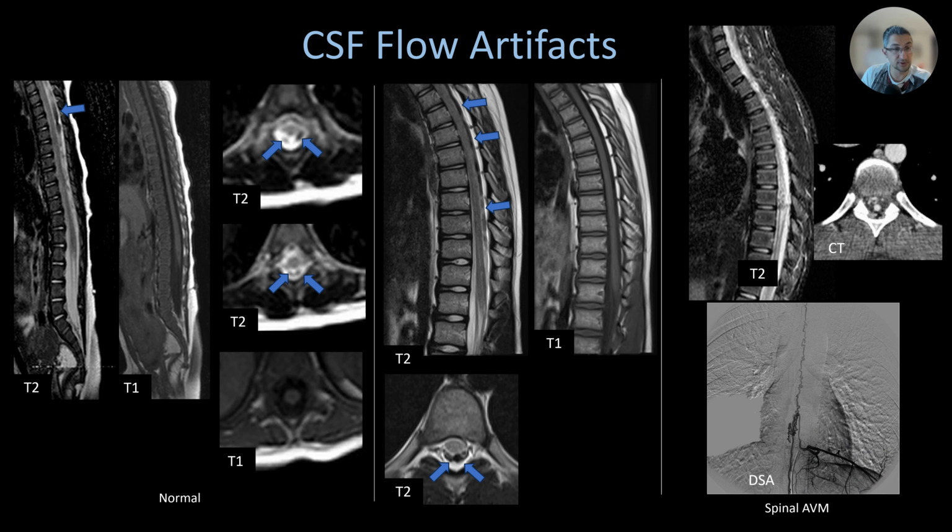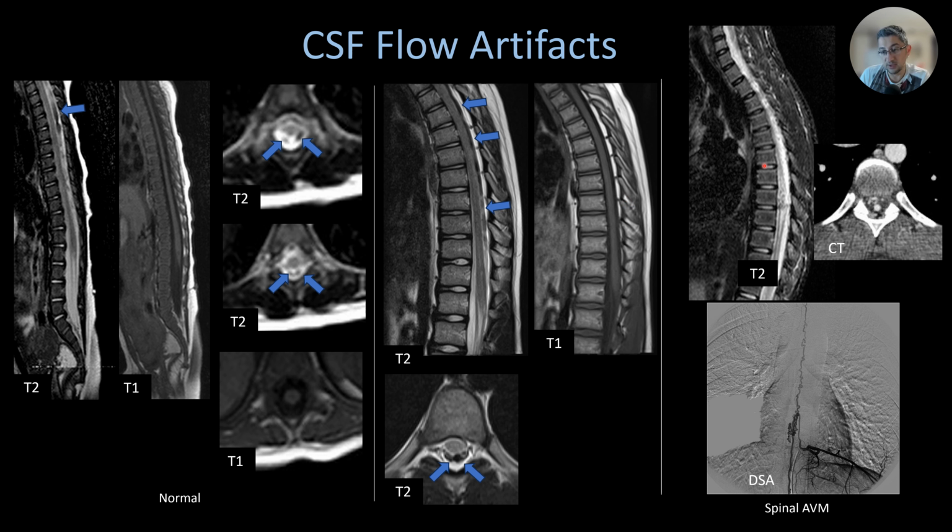CSF flow artifacts are commonly seen during the interpretation of the spinal MRIs. Specifically, they are seen on the T2 weighted images as dark areas. They can be focal or quite extensive, as you can see here. To differentiate them from pathology, they are never seen on T1 weighted images. So when you correlate with the T1 weighted images, you never see them.